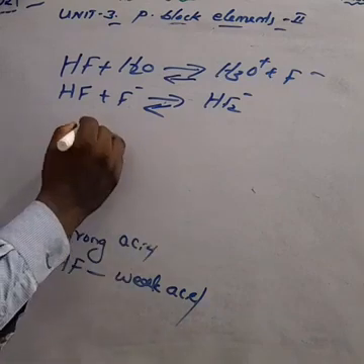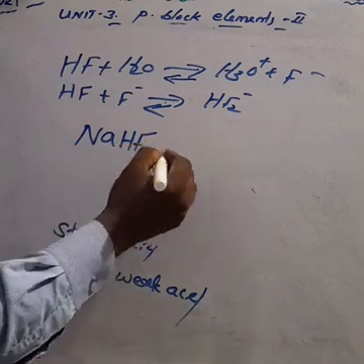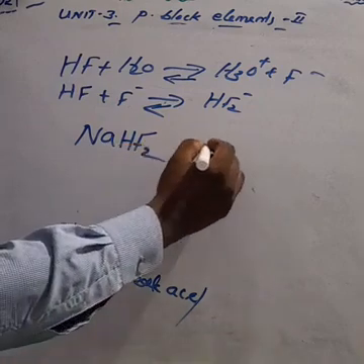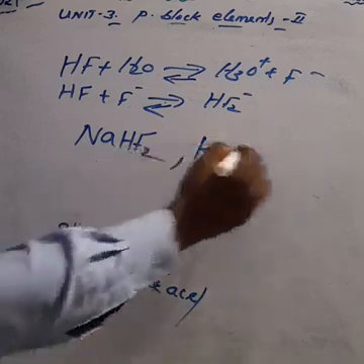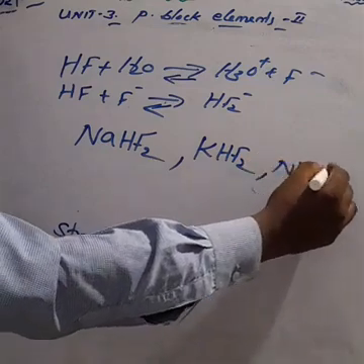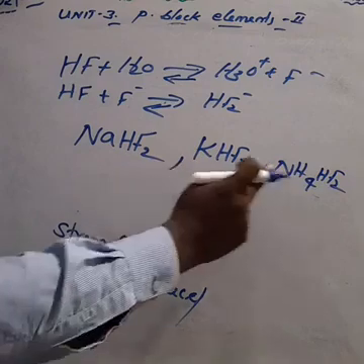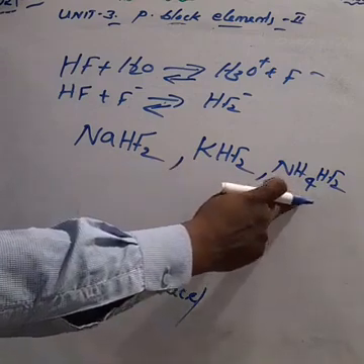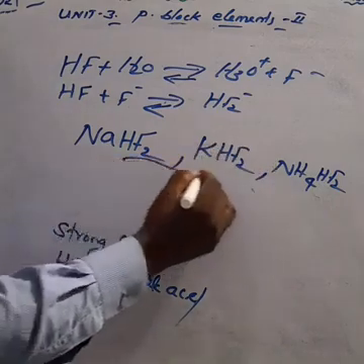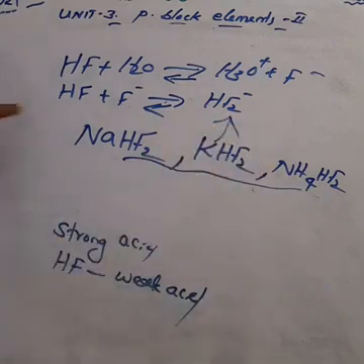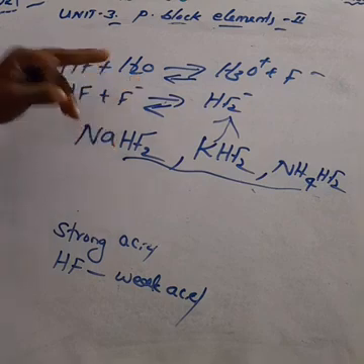That is sodium hydrogen fluoride, NaHF2, potassium hydrogen fluoride, KHF2, and ammonium hydrogen fluoride, NH4HF2. These are stable compounds.